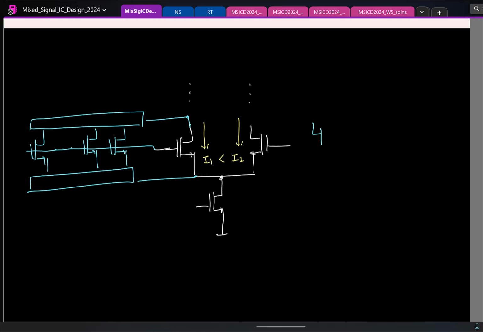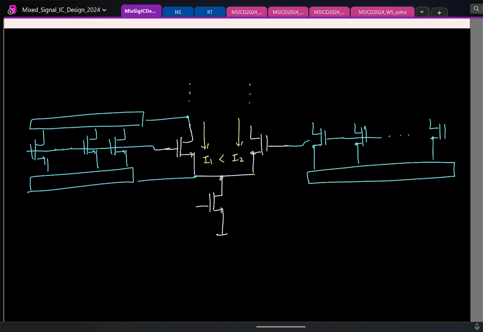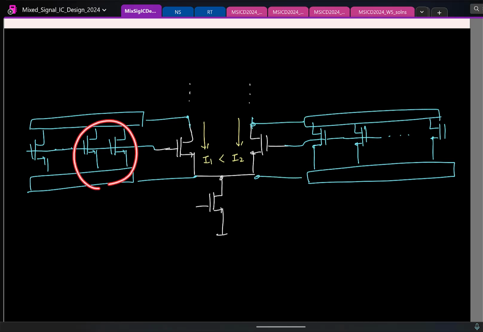The same thing you do on the other side also. You have a bunch of transistors on this side also. The gates are all connected. Okay. And then you choose how many of them to connect in parallel with either of the branches. The idea is this, right?